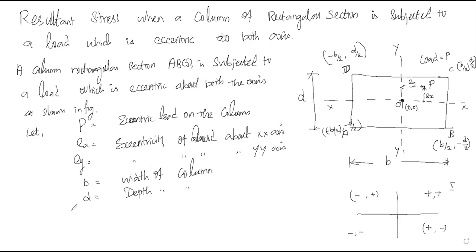Then we all know that sigma naught is equal to direct stress, which is equal to P by A. Next, sigma B is equal to bending stress.